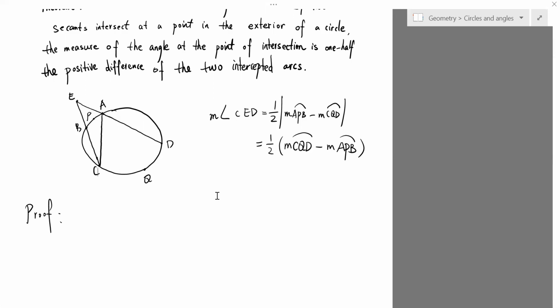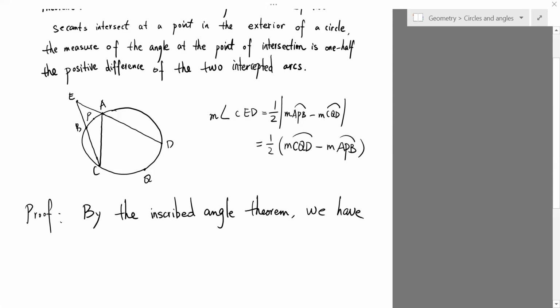Now, the first observation is, by the inscribed angle theorem, we have the measure of the angle CAD equal to 1/2 of the measure of the arc intercepted by these two chords, which is precisely the arc CQD.